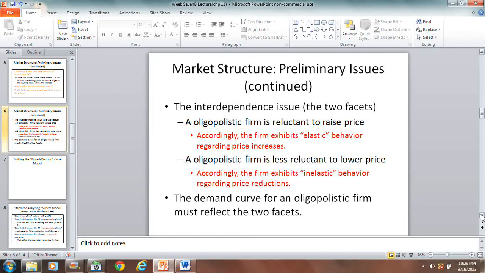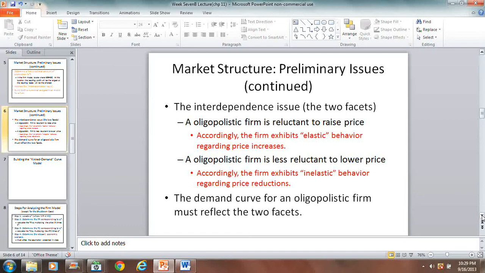What it's really suggesting is that when one oligopolistic firm is contemplating changing its price, either increasing or lowering its price, it has to take into consideration how the other oligopolistic firms will react. For example, if one firm decides to raise its price and the other firms don't follow suit, then that firm is literally hanging itself out to dry when it comes to its competitive position.